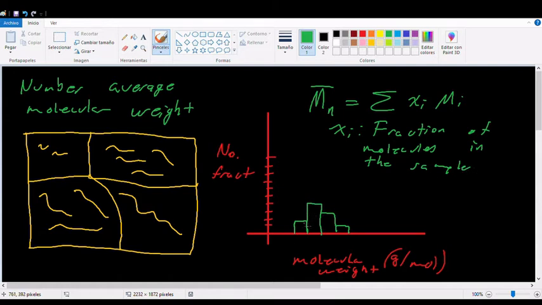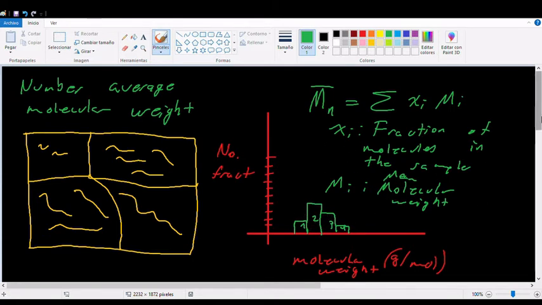So we have the first, the second, the third, and the fourth. Then we have m sub i, which is the mean molecular weight of each sample, right?